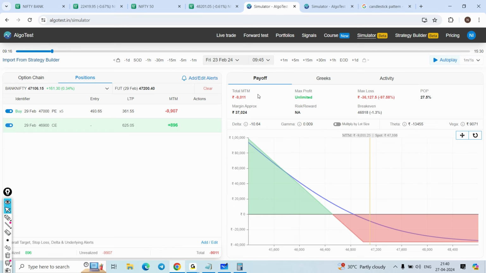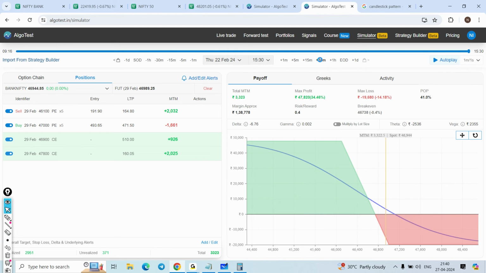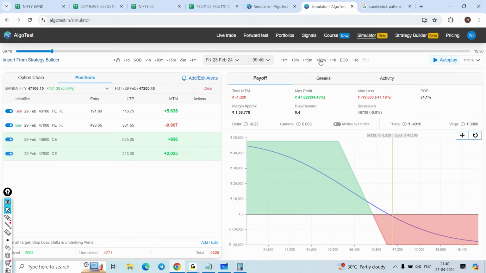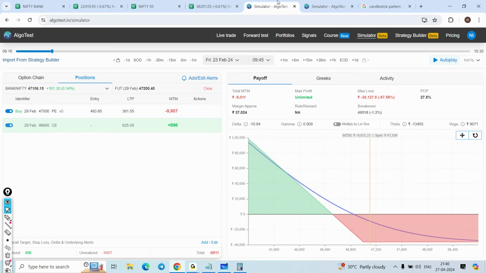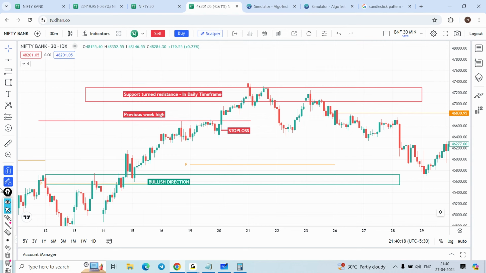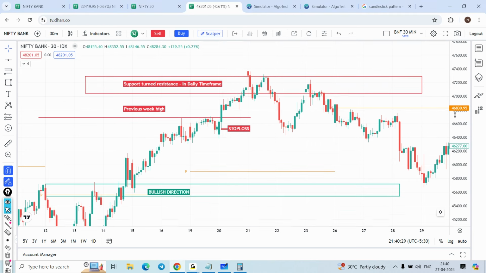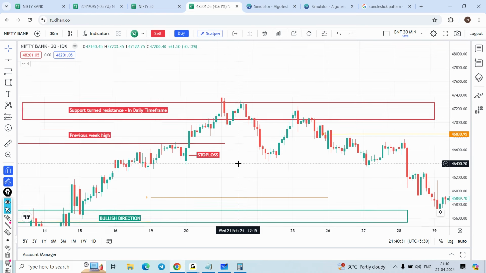Can you see what's the loss in the only buying? 30 minutes upward. Just look at this. This is my entry level. Price is trading here. How much point price is against my position? 47042. This is my entry.